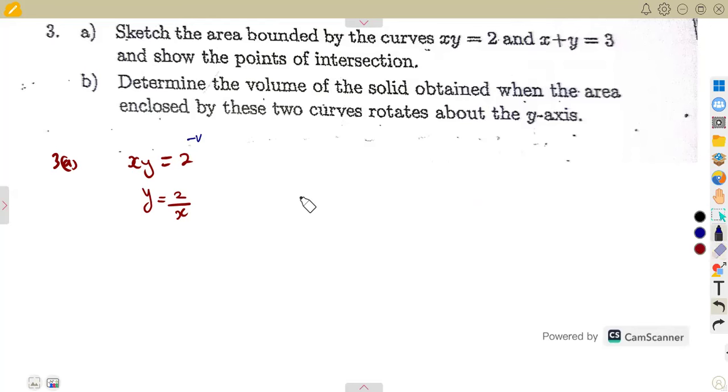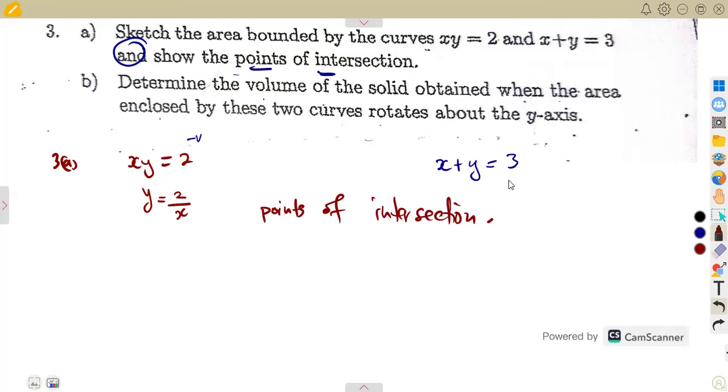The other one is a straight line, x plus y equal to 3. In order for us to sketch this, we are also asked to show the points of intersection. So you need to calculate the points of intersection.